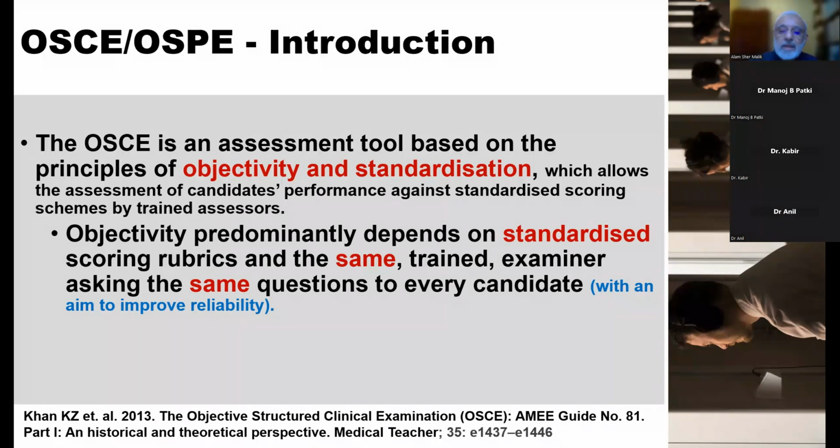This means that every student is going through exactly the same exercise. There is no variation like we see in, for example, the traditional long case, where every student gets a different case. So here objectivity is the same scoring scheme, same examiner, and same questions. And this, of course, would improve the reliability.